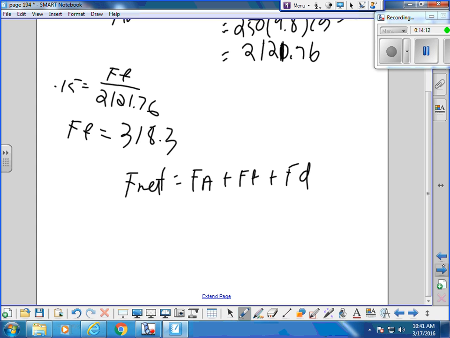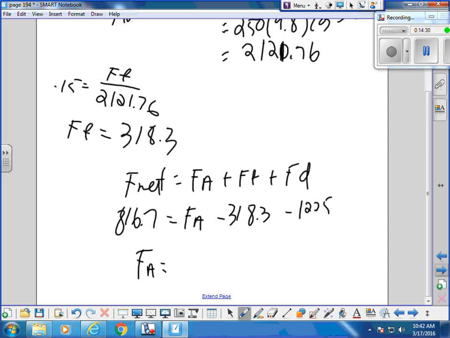The F net stays the same. Applied force is what we're solving for. Friction is this new guy here, minus 318.3. The FD stays the same. No, because the friction force has the Fn in it, right? 2360.